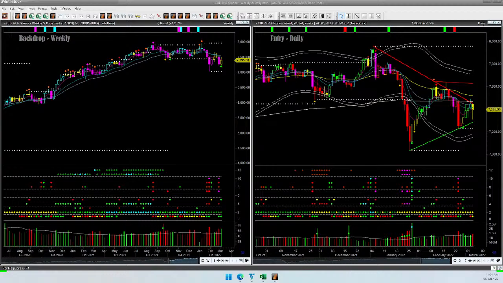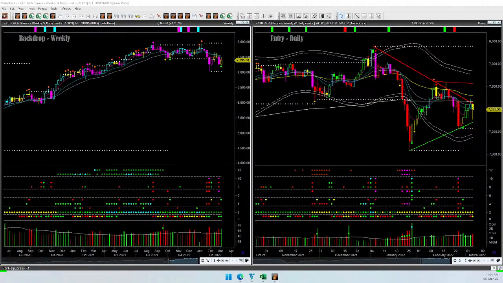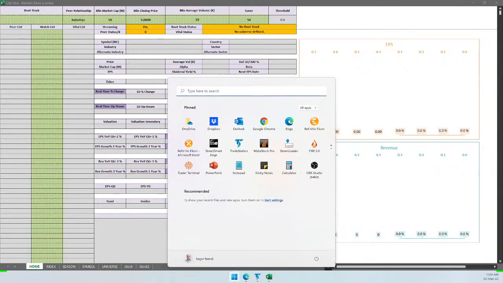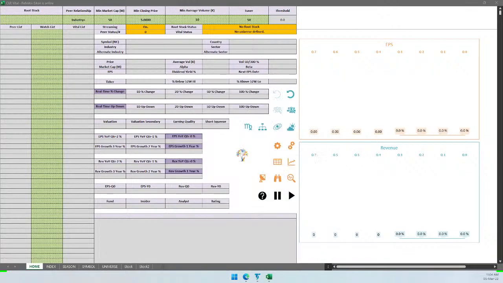Next, Japan's Topix index. Okay, let's open Metastock one more time.